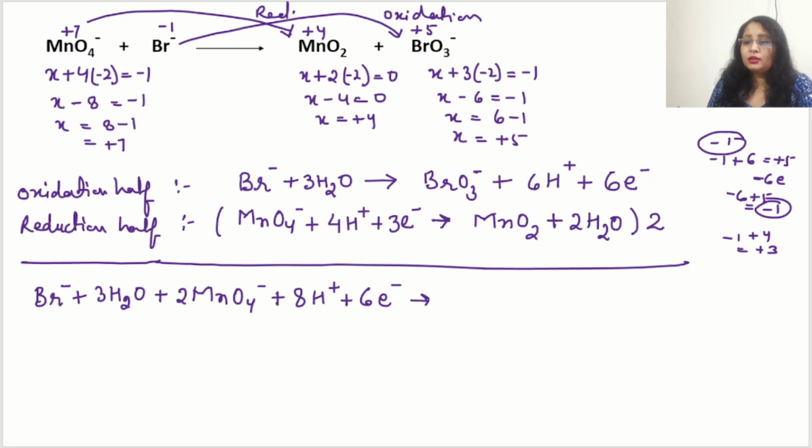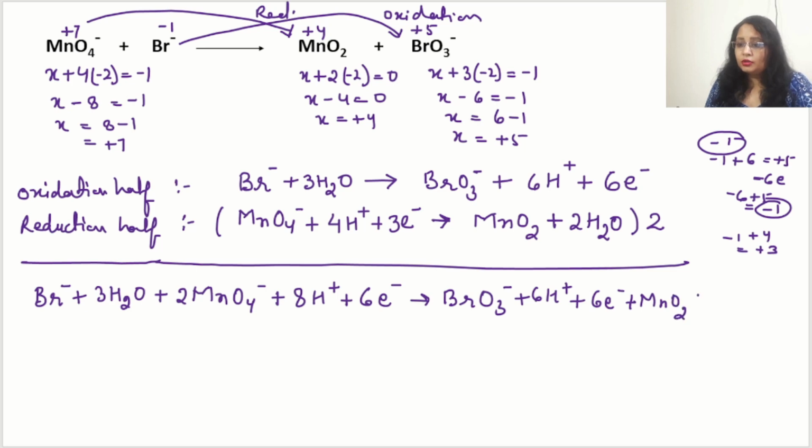Then come to the right hand side of the oxidation half, that is BrO3 minus plus 6H plus plus 6e minus. Correct? Then the reduction half plus 2MnO2, because it is multiplied by 2, plus 2 2s are 4H2O.